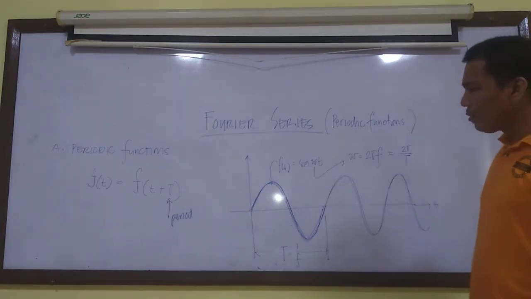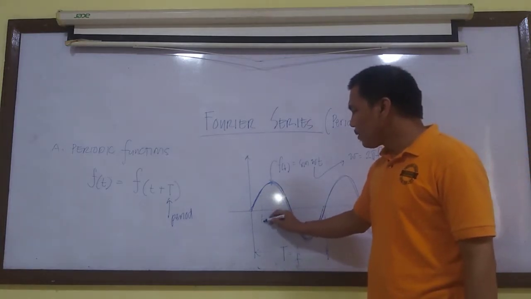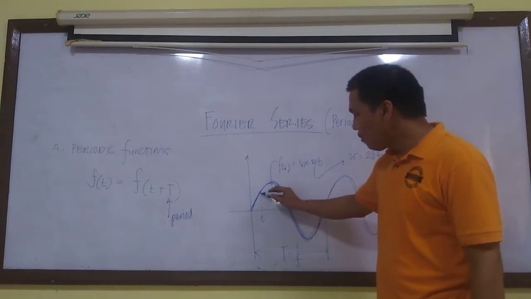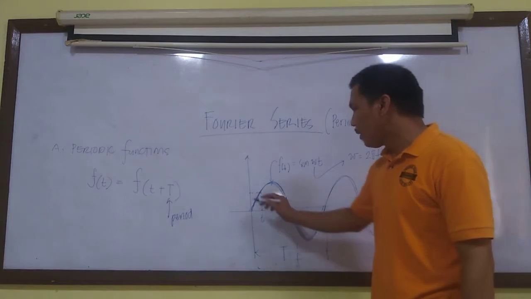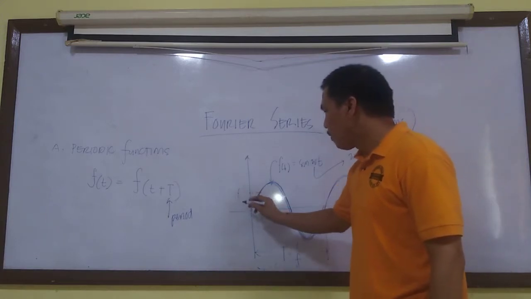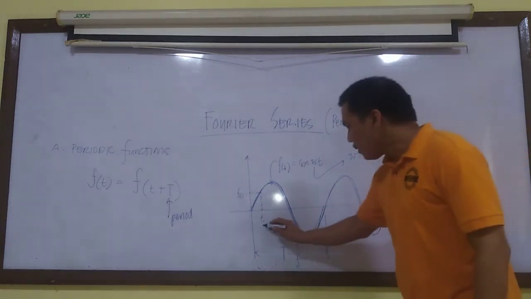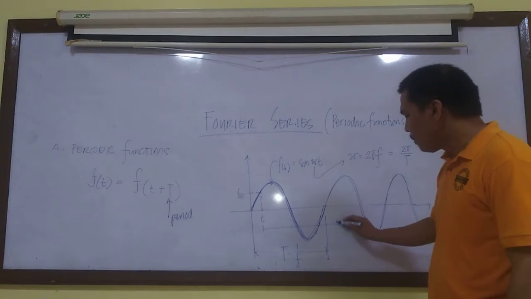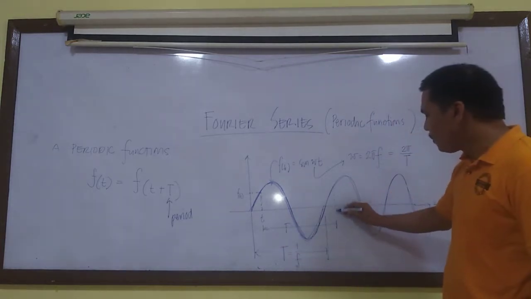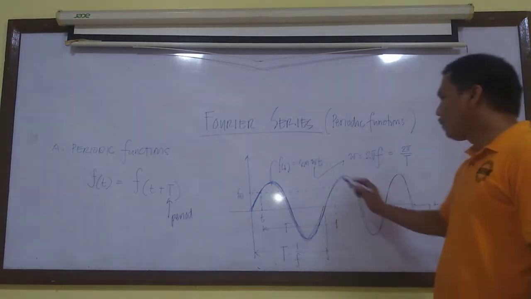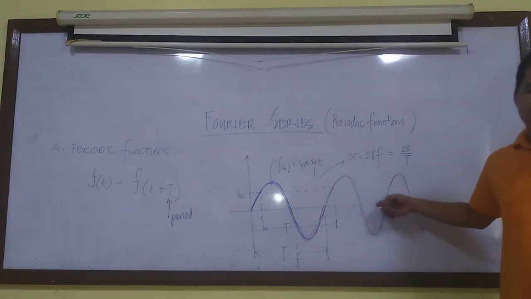When time equals t, let's label the value as f of t. After one complete cycle, you have the same value. That is why we call these periodic functions.